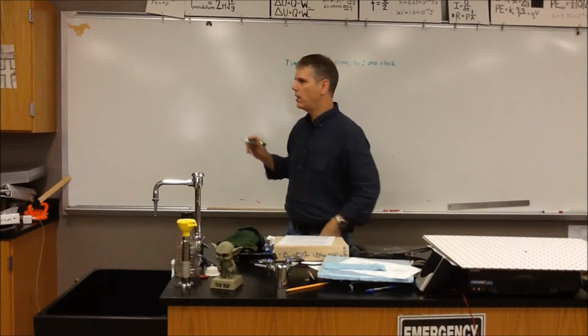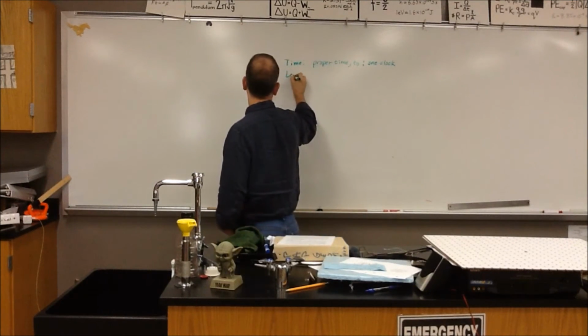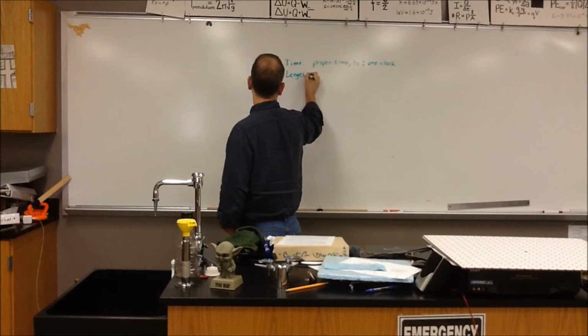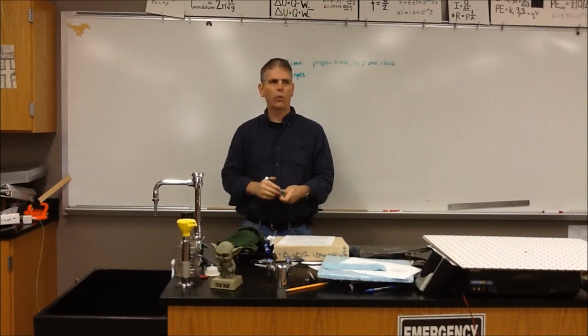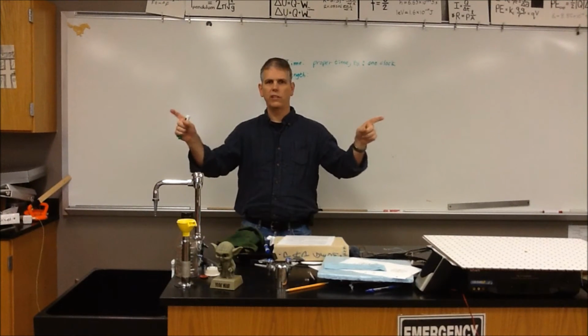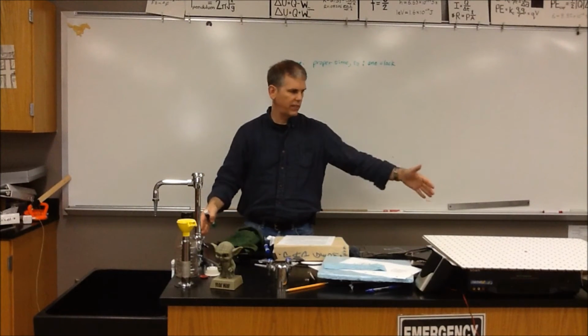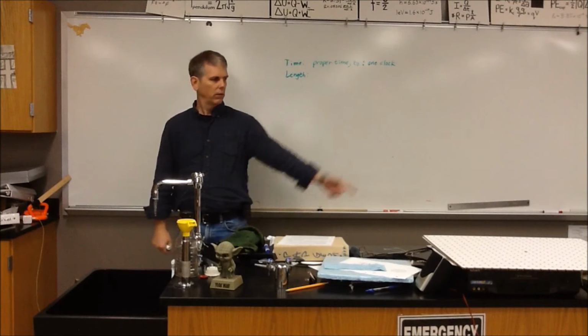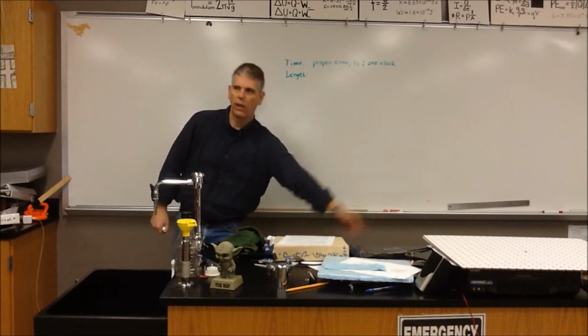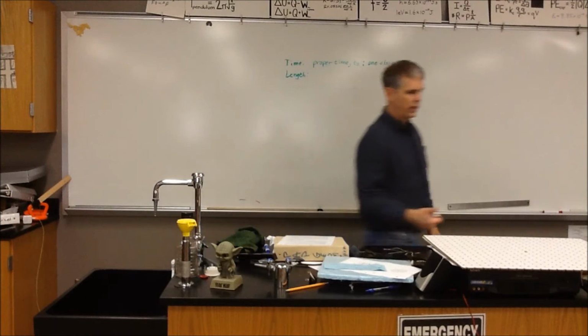But what about length? For length, you know, you've got that distance, right? Well, in order for me to measure that distance, or to measure a distance of this table, well, I need two positions. I can't measure it from here. I need this position and this position.